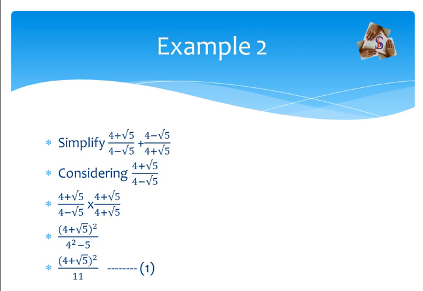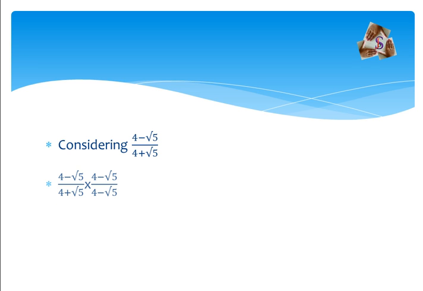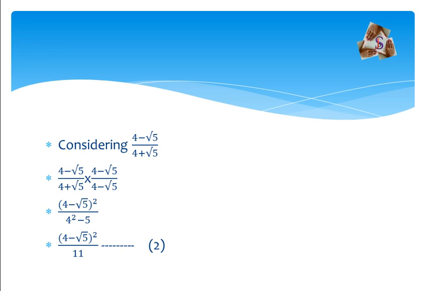Now we will be simplifying the second part, that is 4 minus root 5 by 4 plus root 5. Again, we multiply and divide with its conjugate. So we get it as 4 minus root 5 whole square by 4 square minus 5. That is 4 minus root 5 whole square by 11. Now we add equation 1 and equation 2.